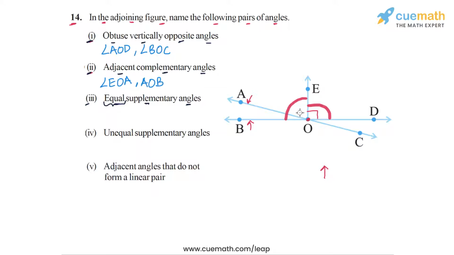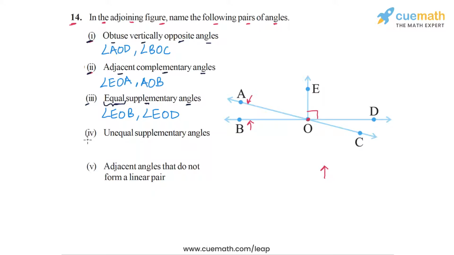Both of these angles are equal because they're 90 degrees and their sum is 180, so both of these angles are supplementary. So in part 3, our answer will be angle EOB and angle EOD. This is a pair of equal supplementary angles.